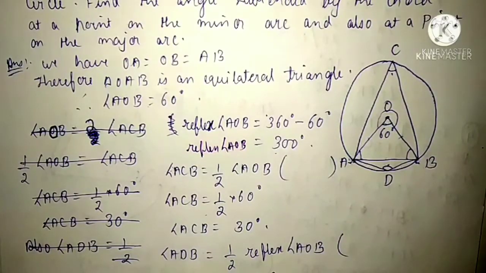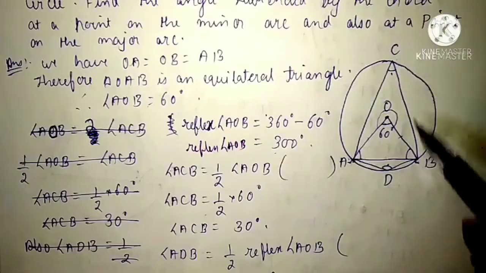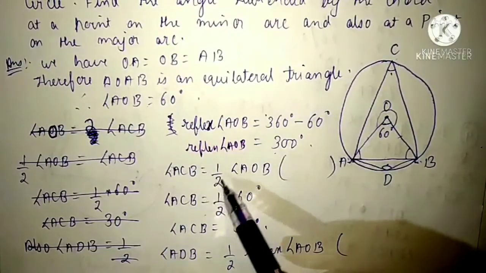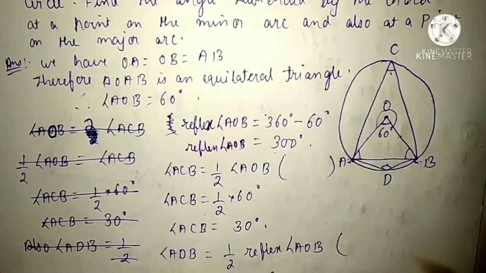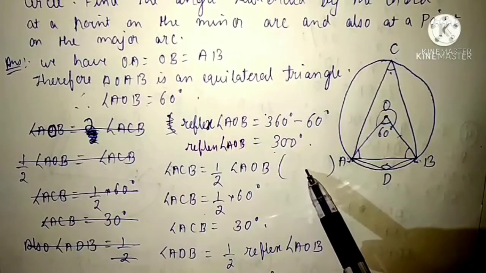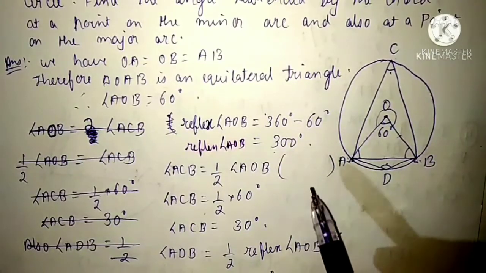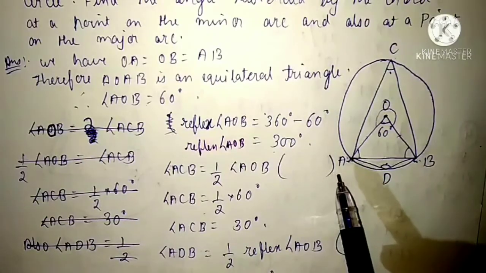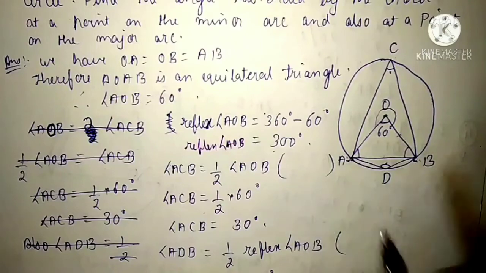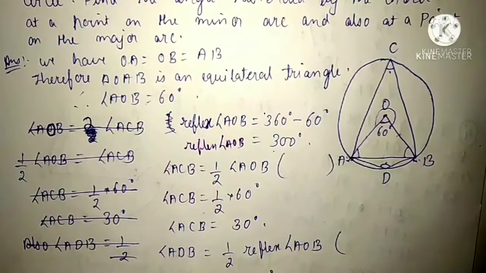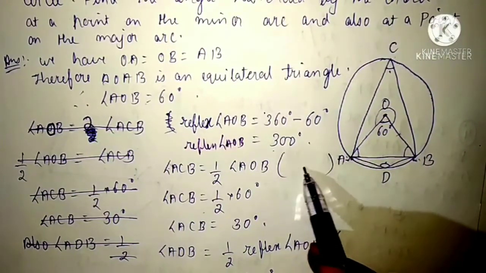So we can write angle ACB is equal to half of angle AOB. And what will be the reason? Our theorem: the angle subtended by an arc at the center is double the angle subtended by it at any other point on the remaining part of the circle. This theorem you will write here.